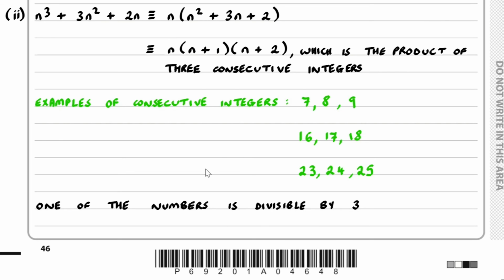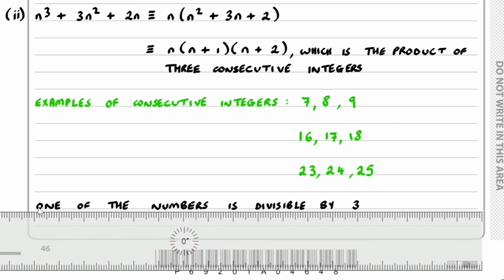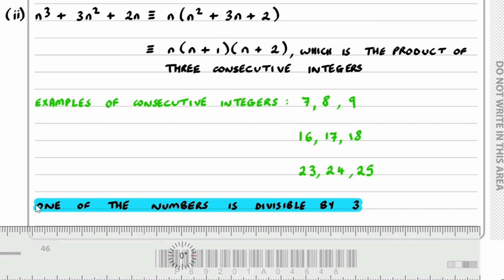So for example, well, let's just highlight this. One of the numbers is divisible by 3. So for example, the 24 is divisible by 3. The 18 is divisible by 3. Here the 9 is divisible by 3.